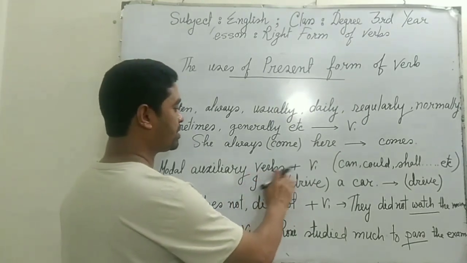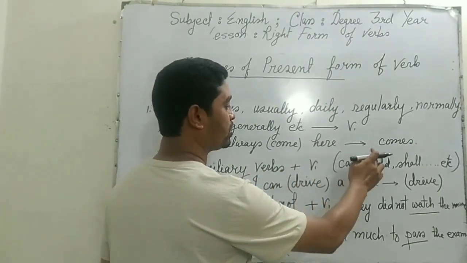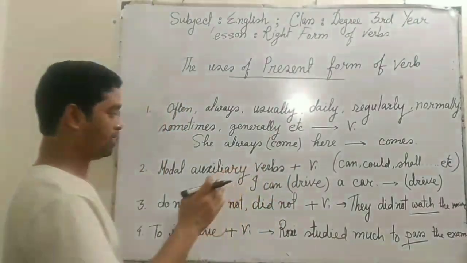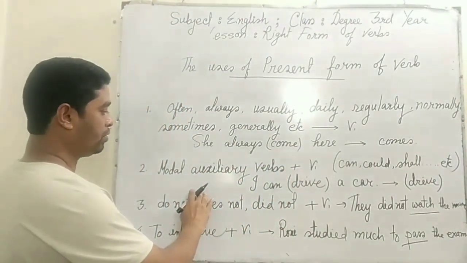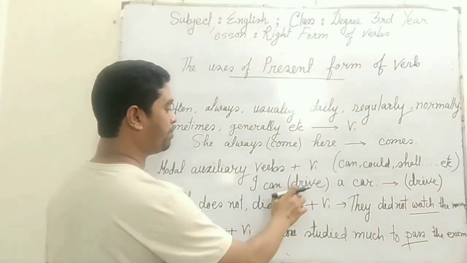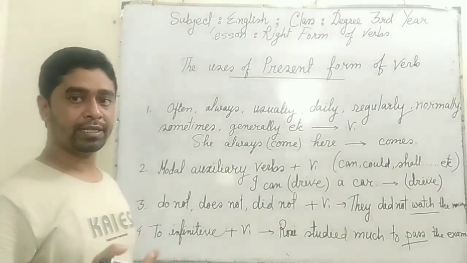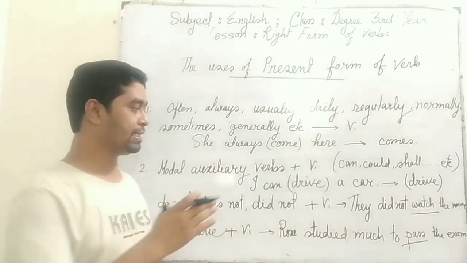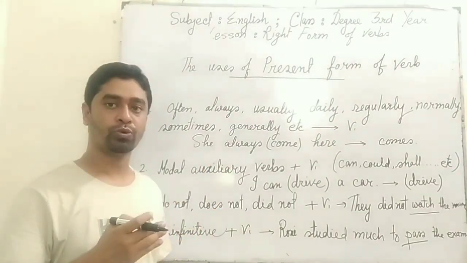Number 2, modal auxiliary verbs plus V1. Modal auxiliary verbs are can, could, shall, should, may, might, etc. For example, I can drive a car. In this sentence, we find a modal auxiliary verb, that is can.